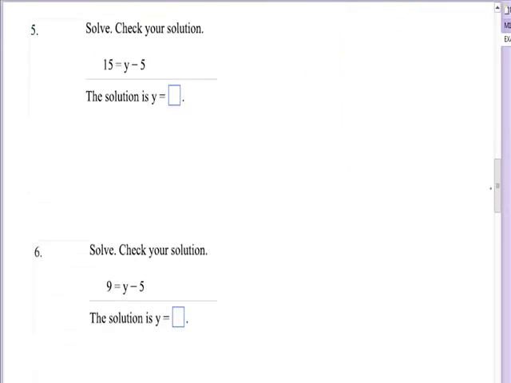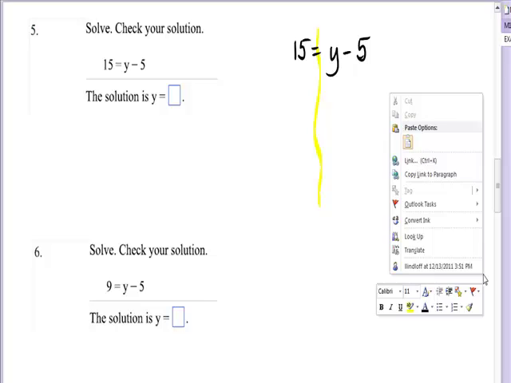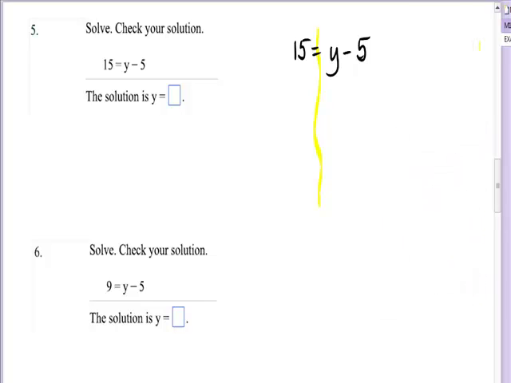Let's look at number 5. I have 15 is equal to y minus 5. Okay, this time I have 15 on the left and I have y minus 5 on the right. My attention is all focused to this right-hand side because that's where the y is. It has a subtracted 5. Well, how would I undo subtracted 5?